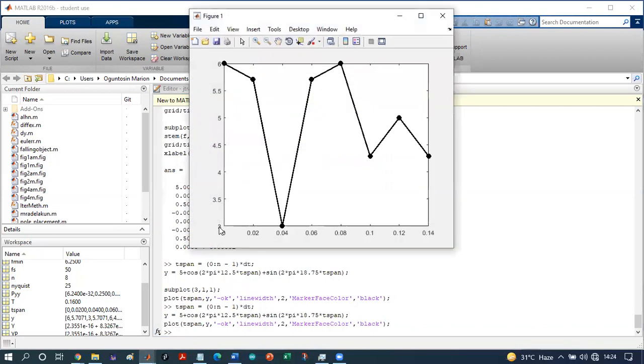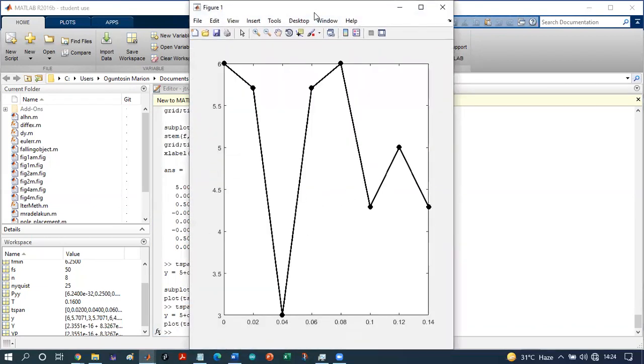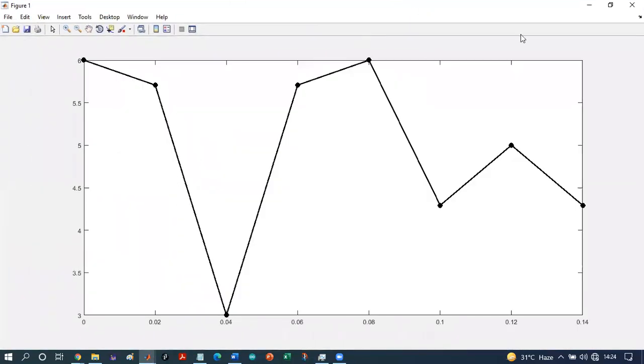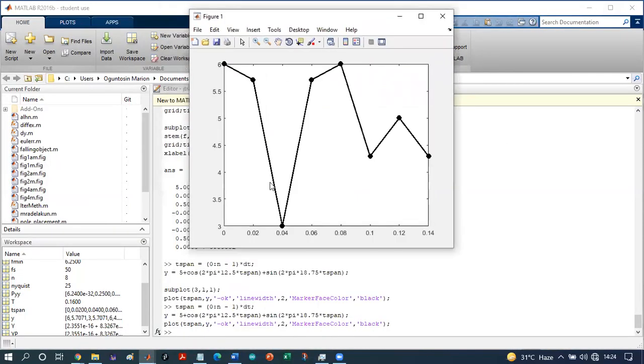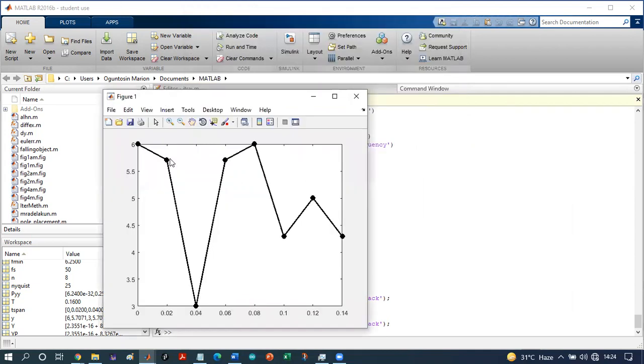We are just plotting 8 points, because we are getting the DFT at 8 points. So you are just plotting it at 8 points: 1, 2, 3, 4, 5, 6, 7, 8.